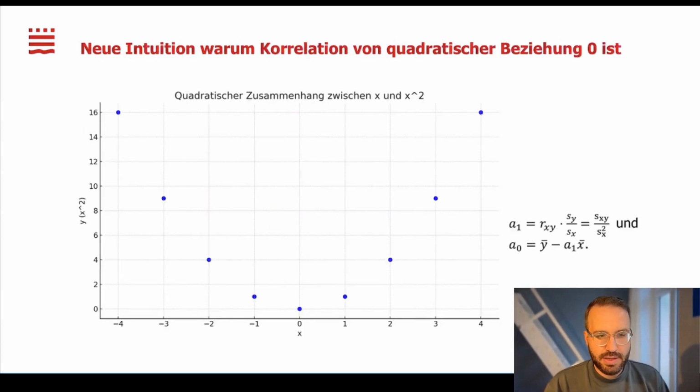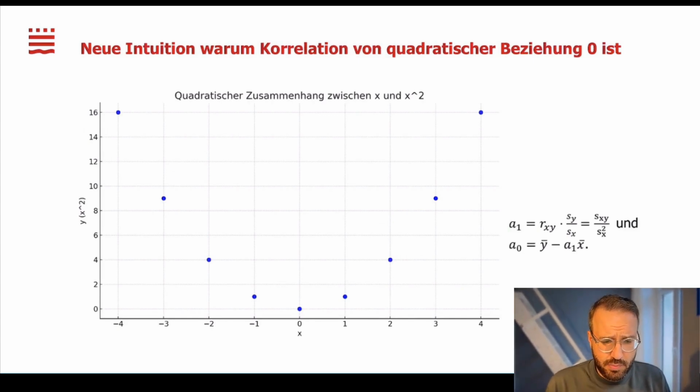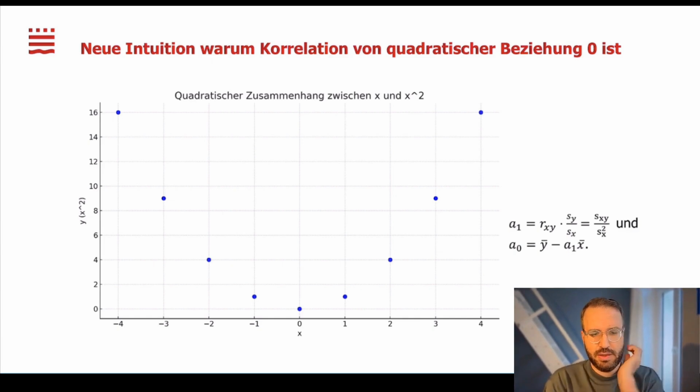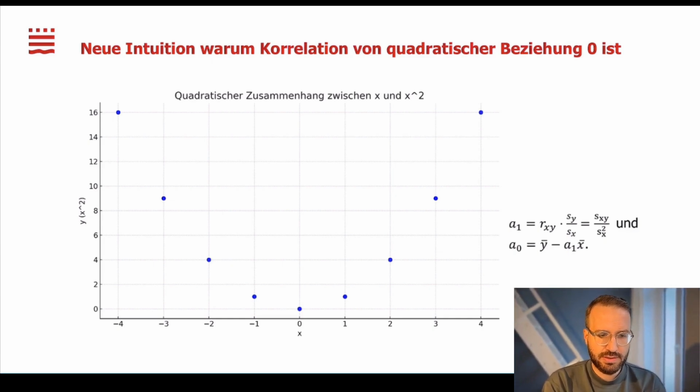And finally, I want to clarify one more intuition for you about why, when you have this data, the correlation is actually 0. That was our example with the squared values, where we already calculated that the overall correlation is 0. However, I want to look at it in another way, namely considering what the best regression through these points would be.